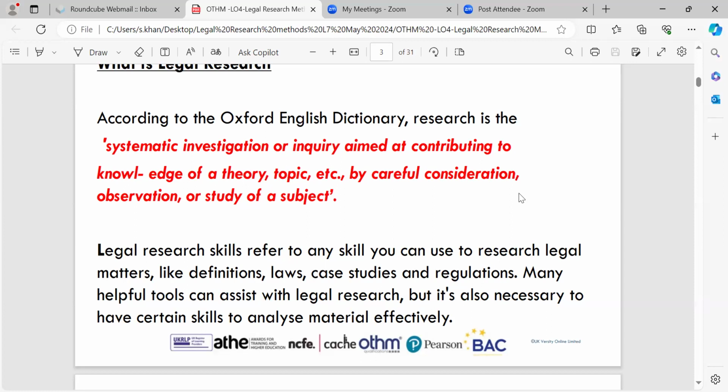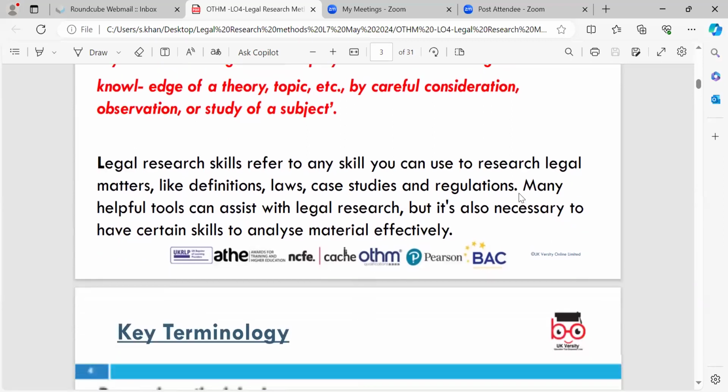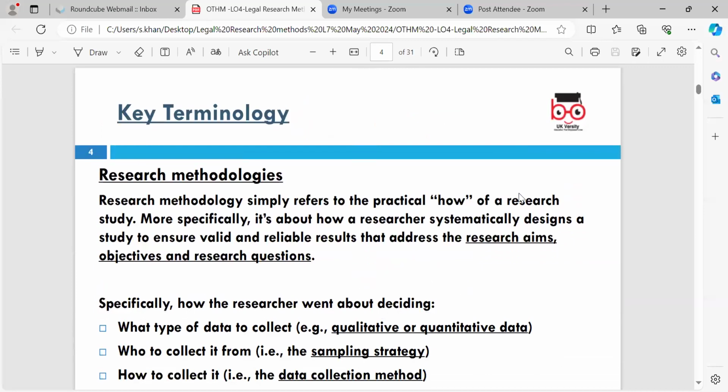And if you look at the legal profession, it's so important to have research skills, to be able to research any sort of legal cases or regulations, things like that. So it's really important.